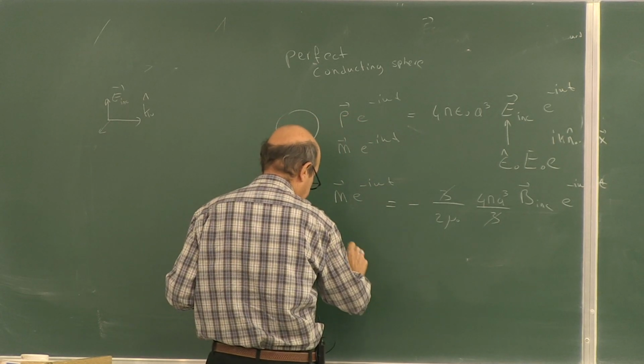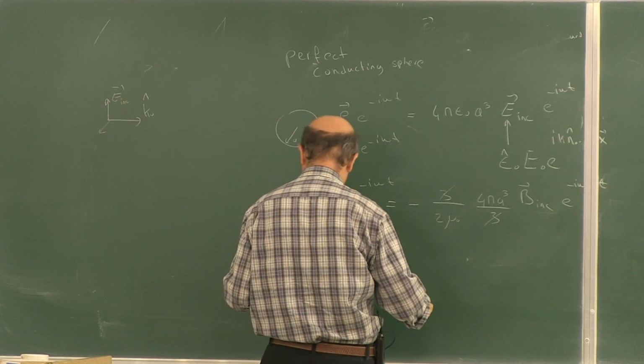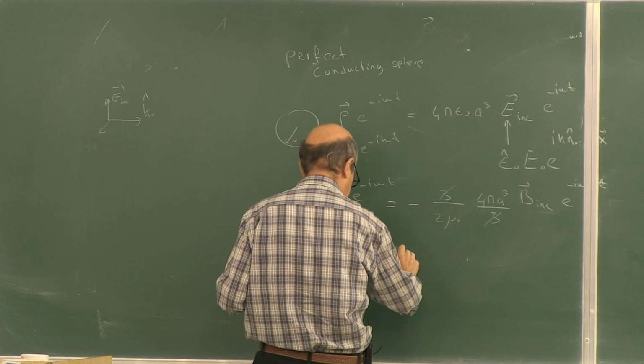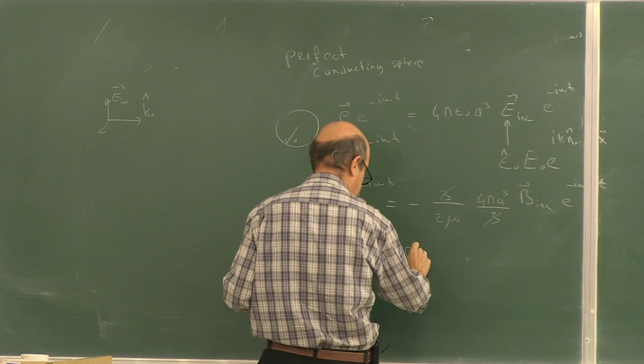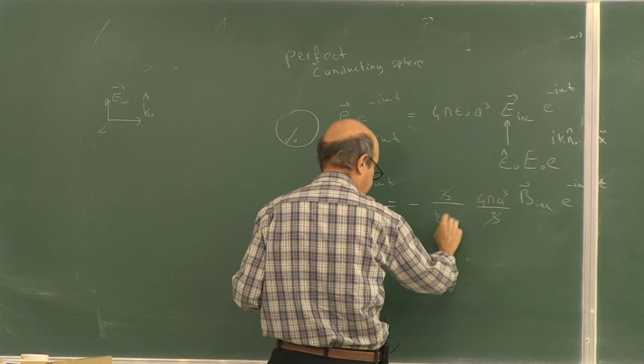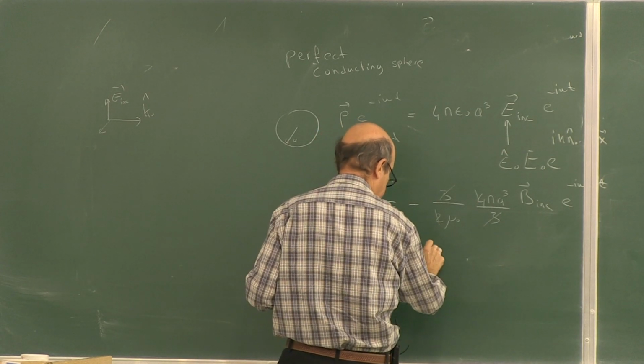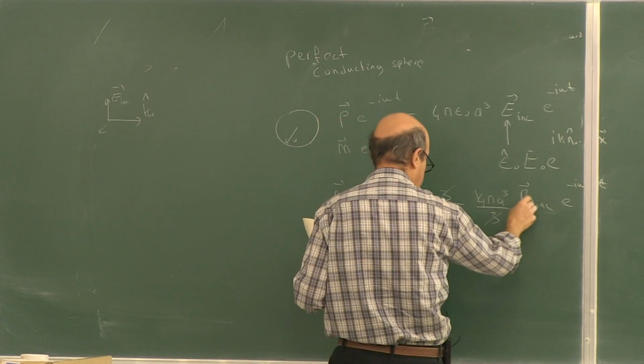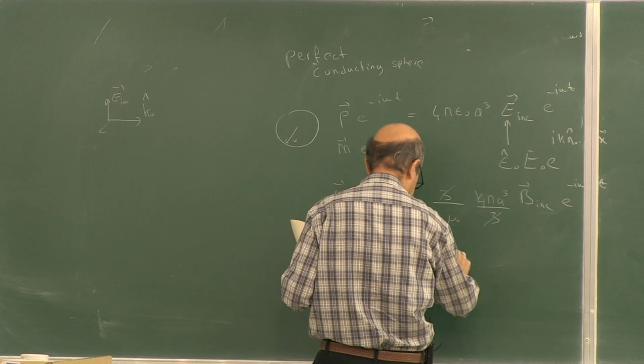So M, the magnetic dipole moment of the sphere, has to be minus 2 pi a cube times B over mu 0, that is H incident.